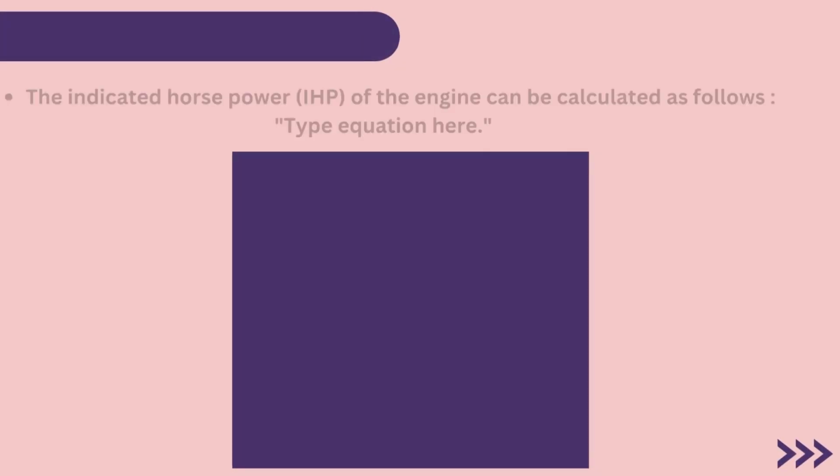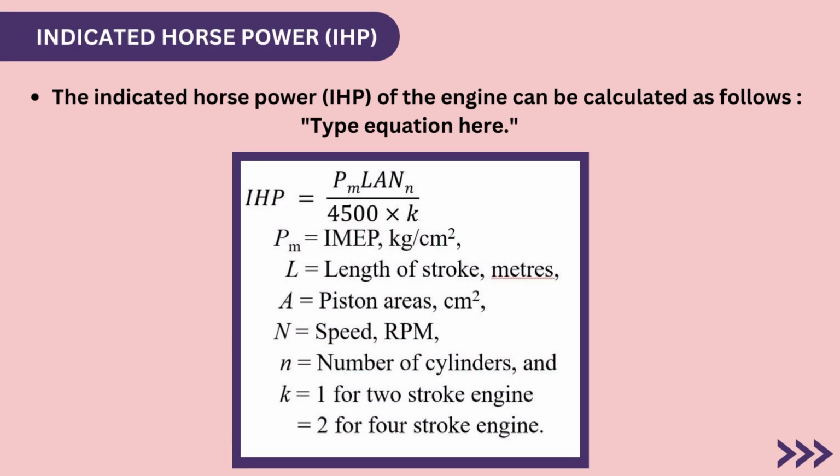So the power corresponding to this indicated mean effective pressure is indicated horsepower, and it could be calculated as PLAN divided by 4500 into K, where P is indicated mean effective pressure in kg per centimeter square, L is length of stroke in meters, A is piston area in centimeter square, N is speed in rotation per minute, then small n is number of cylinders, and K here is 1 for 2-stroke engines and 2 for 4-stroke engines.